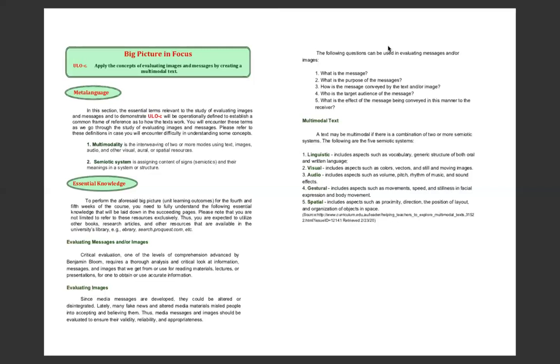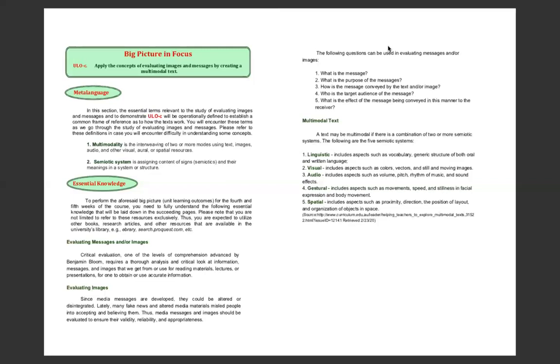However, in this context, a text could be a signage, what else? A billboard is an example of a text, because there are already words, there are already pictures, there are colors, there are symbols. So we call it text.